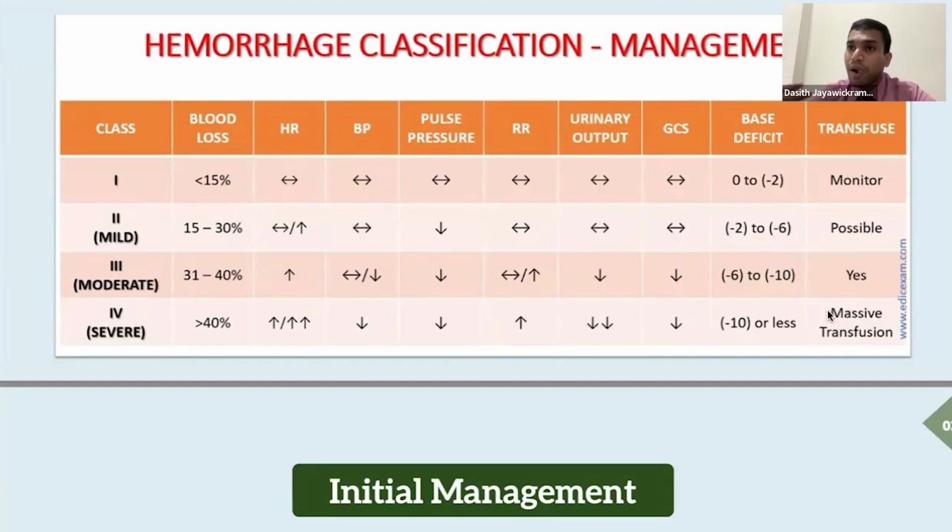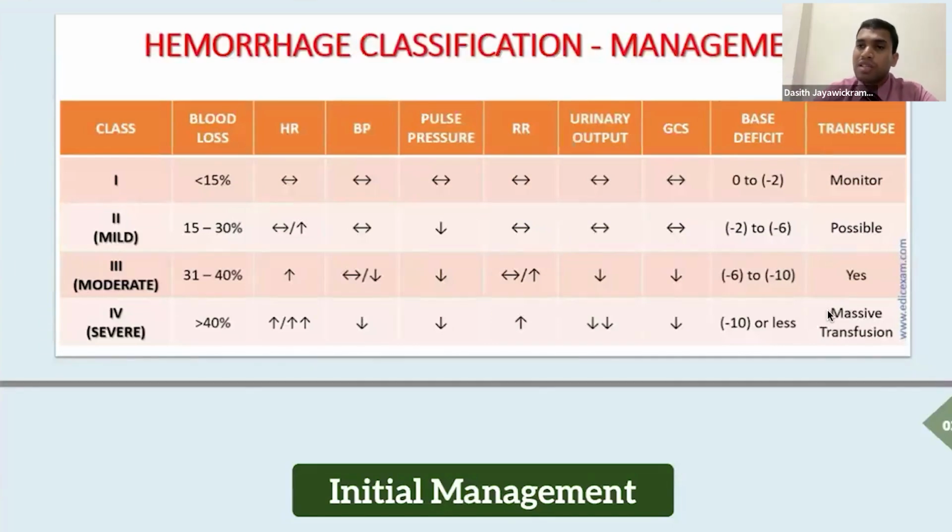So by just giving red cells, these clotting factors and platelets are not replenished. So the coagulopathy is going to further rise up, and the bleeding is further worsened. So we need to give platelets and fresh frozen plasma also. So that is where we go for massive transfusion.